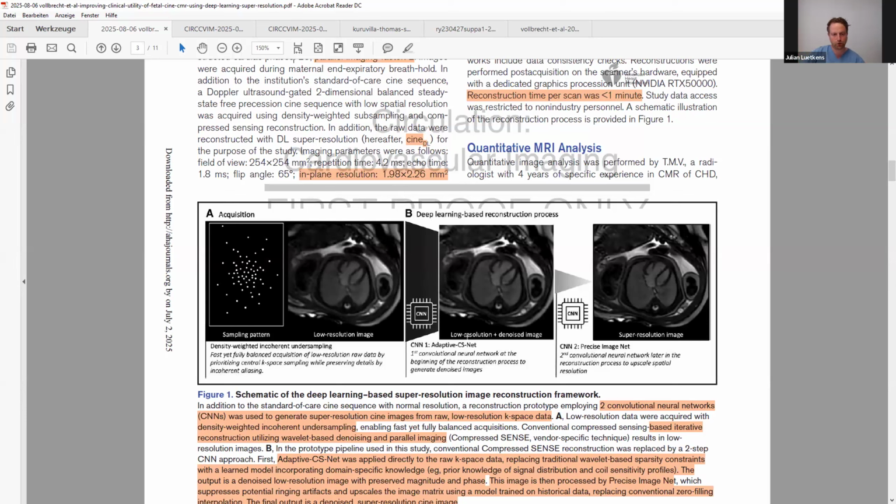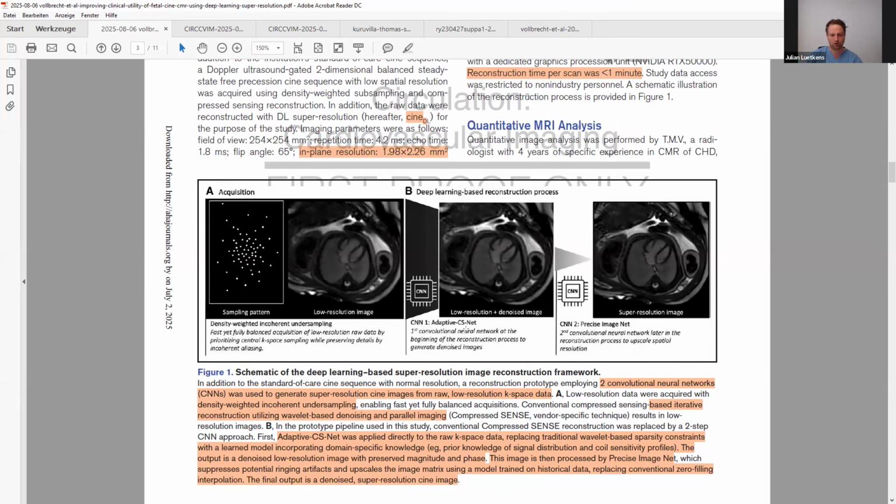And then there are 2 networks. There's an adaptive compressed sense net, which also has all information about signal distribution and coil sensitivity profiles. This reconstruction algorithm, or CNN, gives you a denoised image in comparison to the reconstruction which you would have obtained using only compressed sensing.